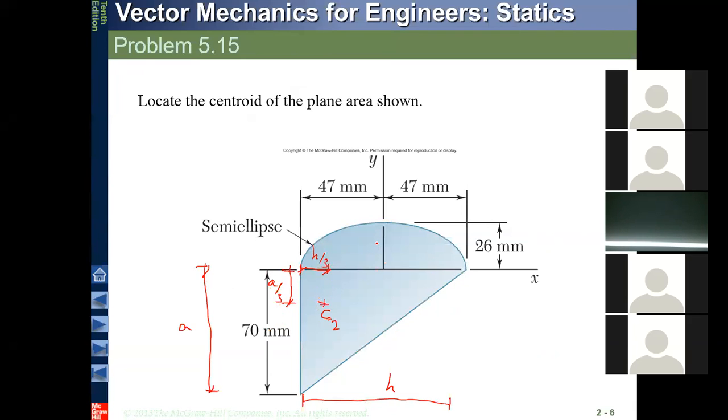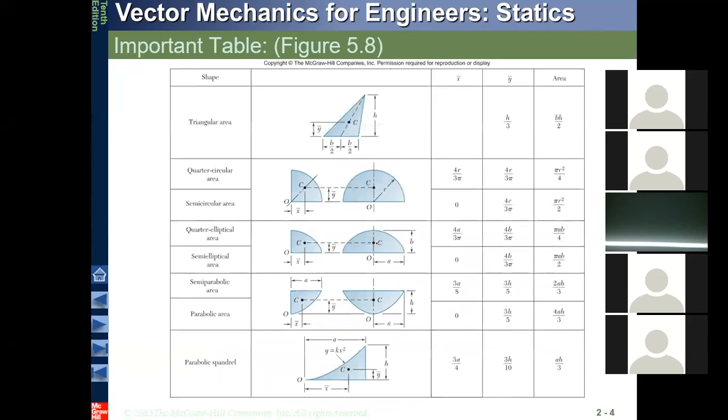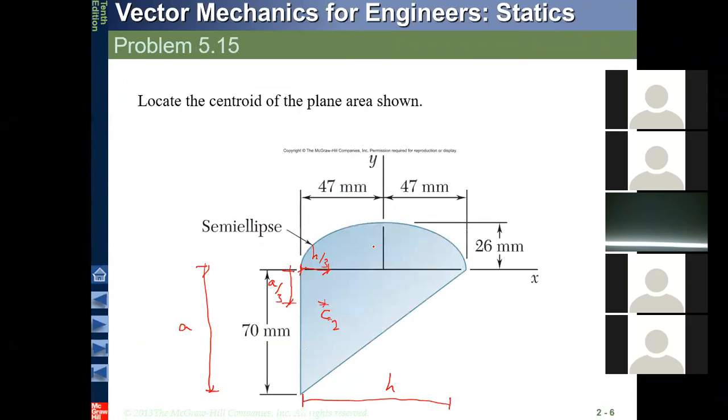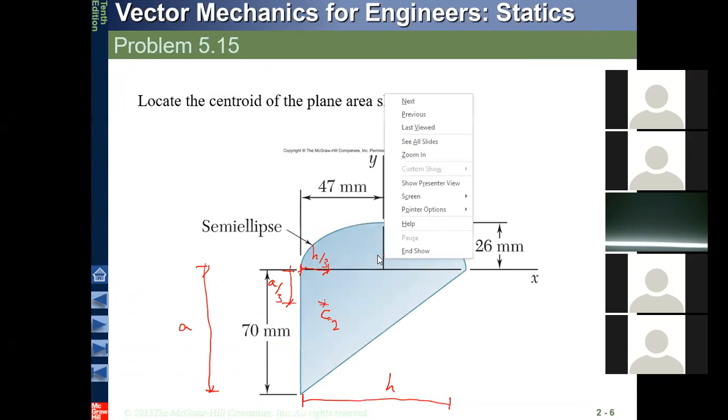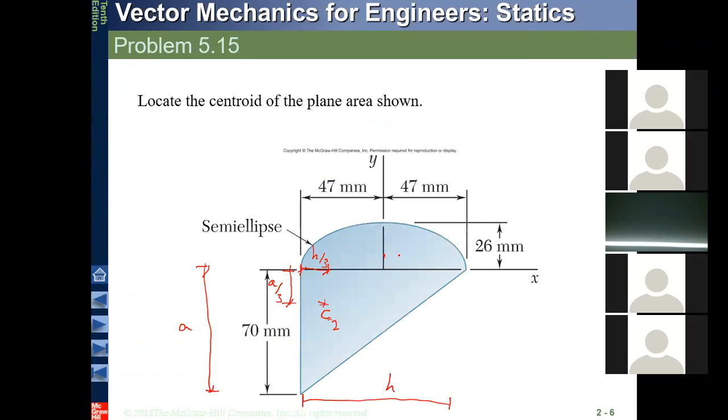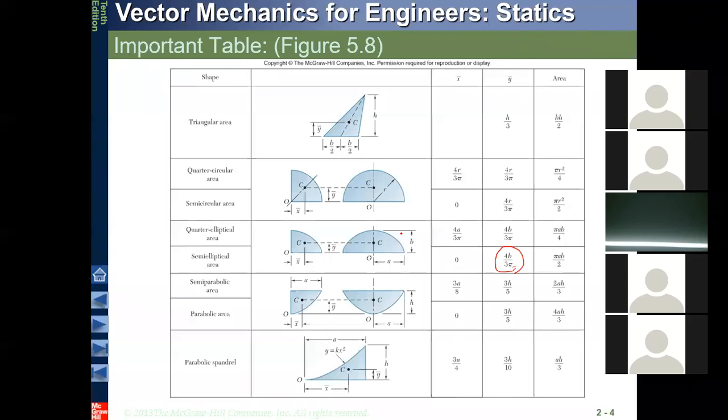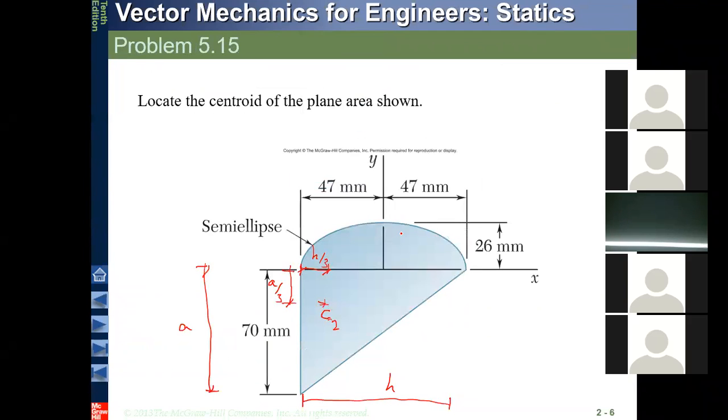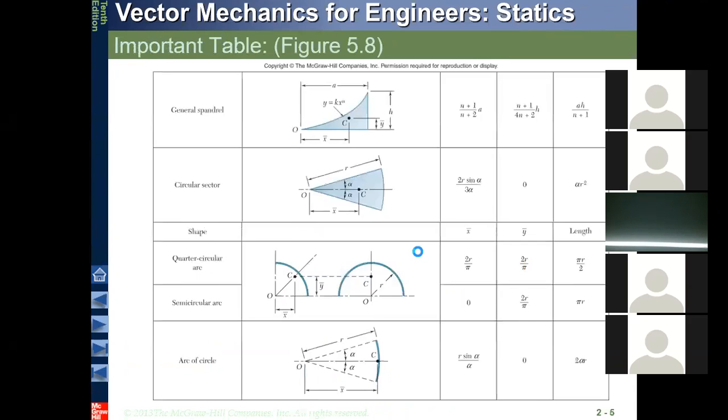And for the semi-ellipse, you have this formula, 4b over 3 pi, and this is going to be somewhere here, and if this is b, then this point is going to be 4b over 3 pi, right?